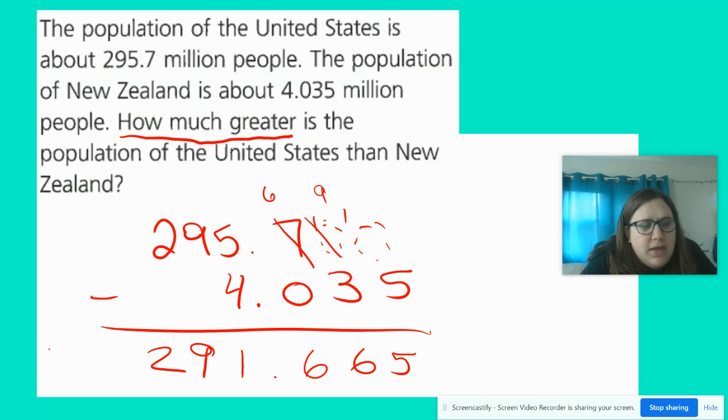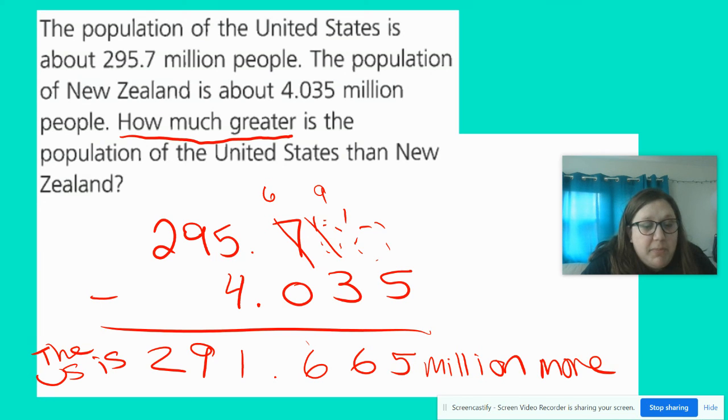So the US is 291 and 665 thousandths million more. Or that the population is that much greater.